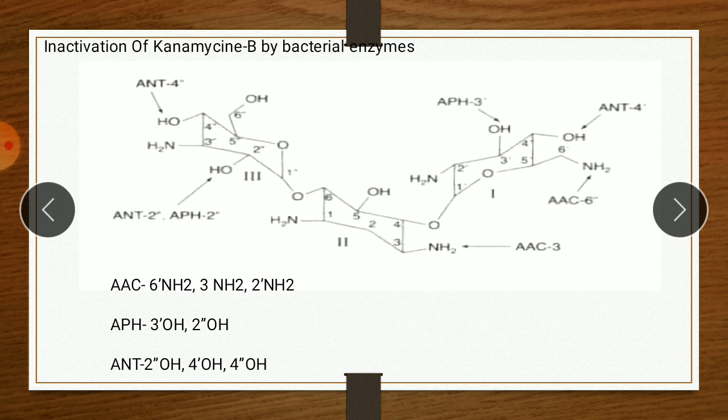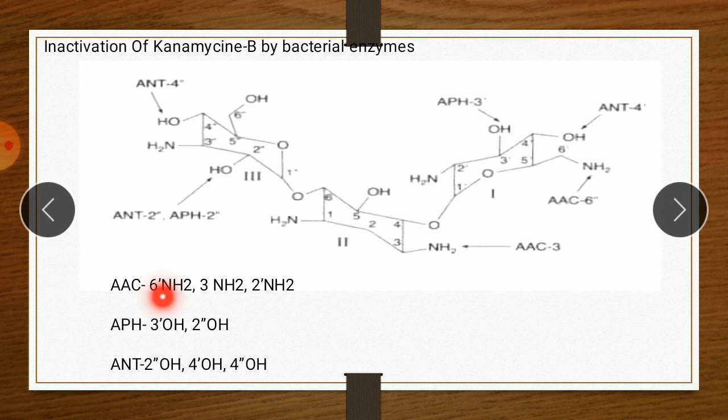Now there is the inactivation of Kanamycin B. As previously, we discussed the enzymes which are responsible for inactivation of aminoglycosides. Here there are three enzymes: AAC, that is aminoglycoside acetyltransferase; second one is APH, aminoglycoside phosphotransferase; and ANT, aminoglycoside nucleotidyltransferase, and the targets are given here.